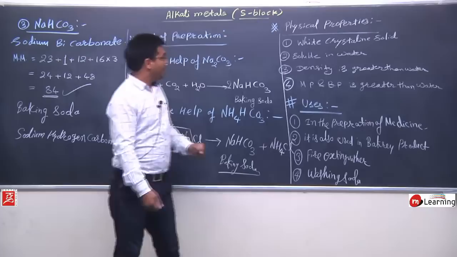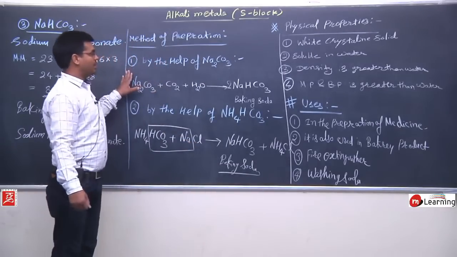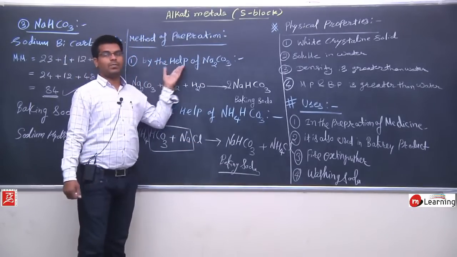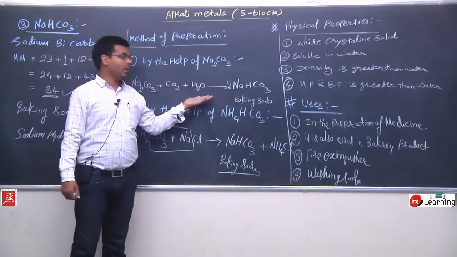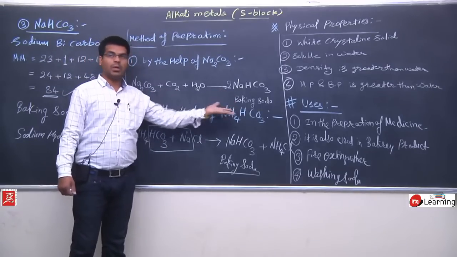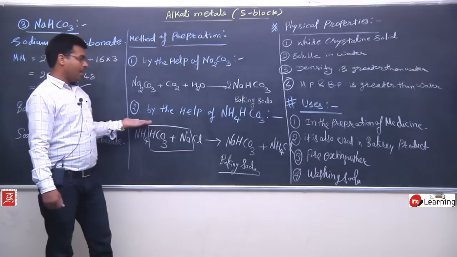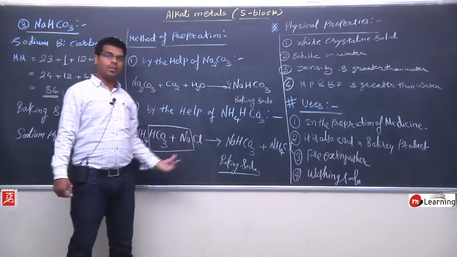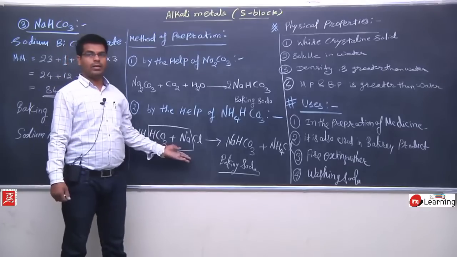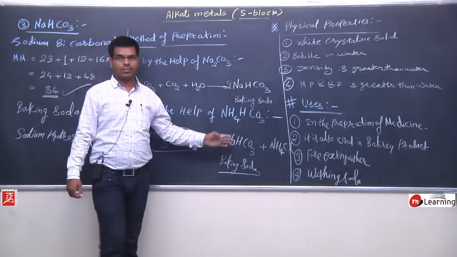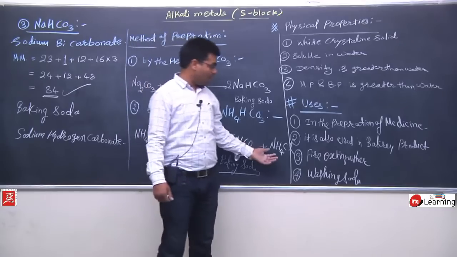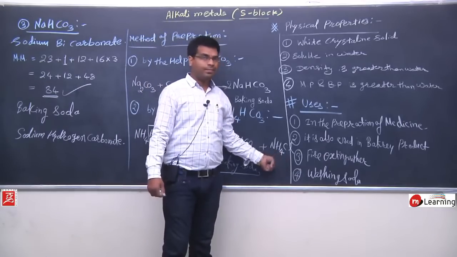Method of preparation of sodium bicarbonate. First, by the help of sodium carbonate: sodium carbonate reacts with carbon dioxide and water and forms sodium bicarbonate, baking soda. By the help of ammonium bicarbonate: ammonium bicarbonate reacts with sodium chloride and forms sodium bicarbonate, baking soda, and ammonium chloride.